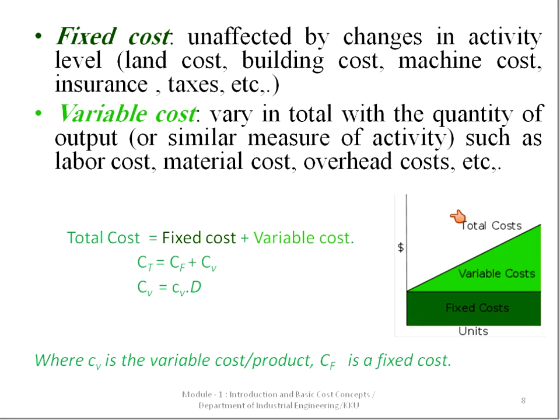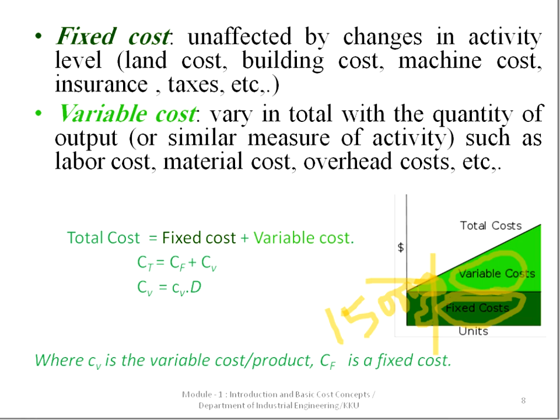Now what is total cost? Total cost is the summation of fixed cost and variable cost. If you want to take the total cost at this line, if the fixed cost is 10,000 and the variable cost at this point, please see the graph, is 5,000, then the total cost at this point will be 15,000.